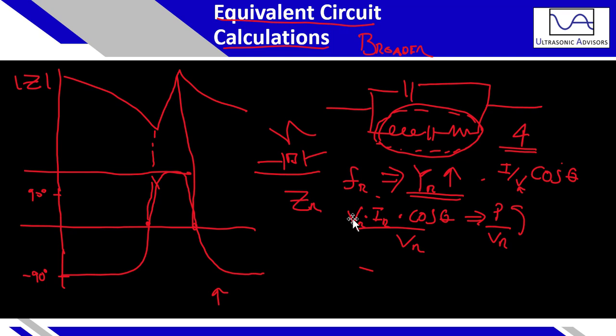The reason is due to functions of complex math, and why the power maximum is not going to relate to the real impedance maximum. So I'm going to leave that topic there, but just know that the real admittance relates to dissipated power, and that's how we define our resonant frequency.